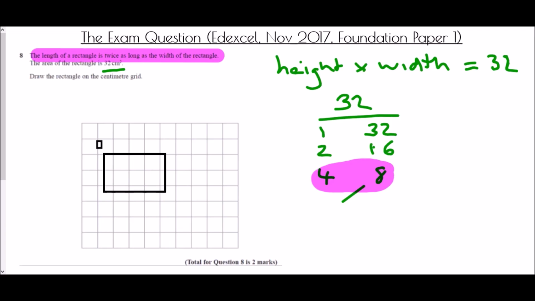It's going to be 8 squares along, so that's 4, 5, 6, 7, 8, and 4 down. I'll just move that into position. There we go. And so now we have a rectangle with an area of 32 centimetres squared, where one length is twice the other.